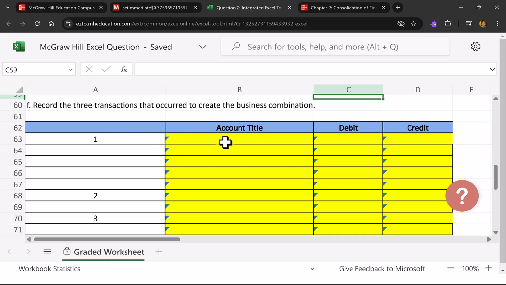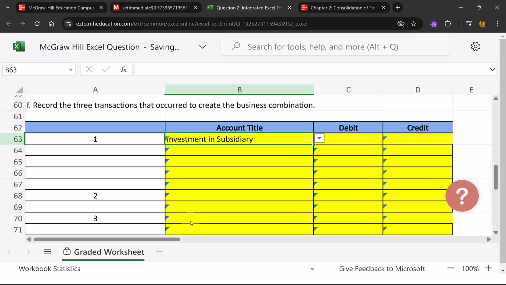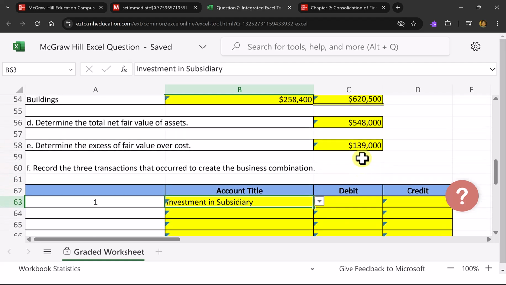Okay, so let me lay out the debit here for number 1, and that's the investment. You notice the drop-down handle here when I'm in this cell? I'm looking for investment in Mason, our subsidiary. And the amount is recorded at its fair value. Let's see now, where is that?